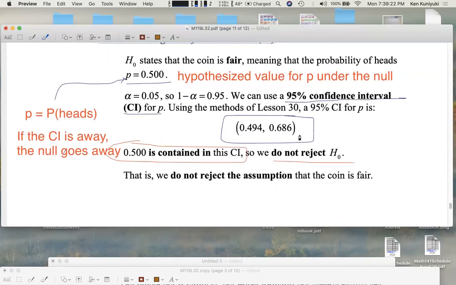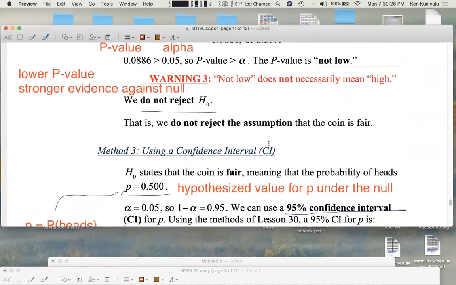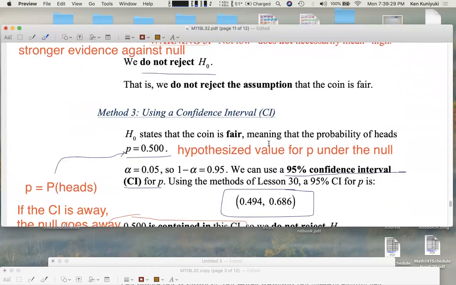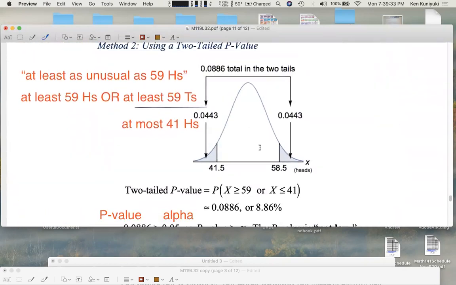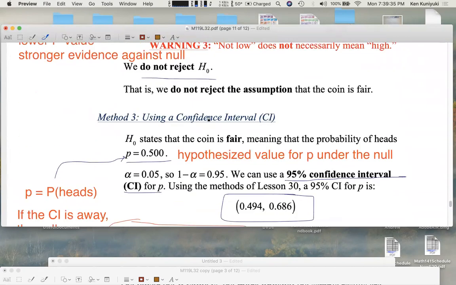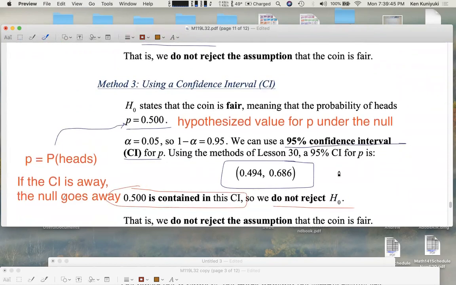And by the way, this corresponds to the two-tailed analysis from above. So in fact, as far as the underlying theory goes, the two-tailed analysis from method 2 and this confidence interval method from method 3, which is, in our class, a two-tailed method, right? We have a tail to the left here, a tail to the right here. We get the same decisions and the same conclusions from method 2 and method 3.